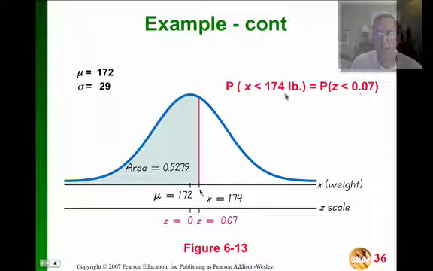So this physical world value now has the same probability of occurring as that z-score had a probability of occurring. And that's the benefit of converting physical world measurements into standard form by using that z-score. Really important concept to get comfortable with.